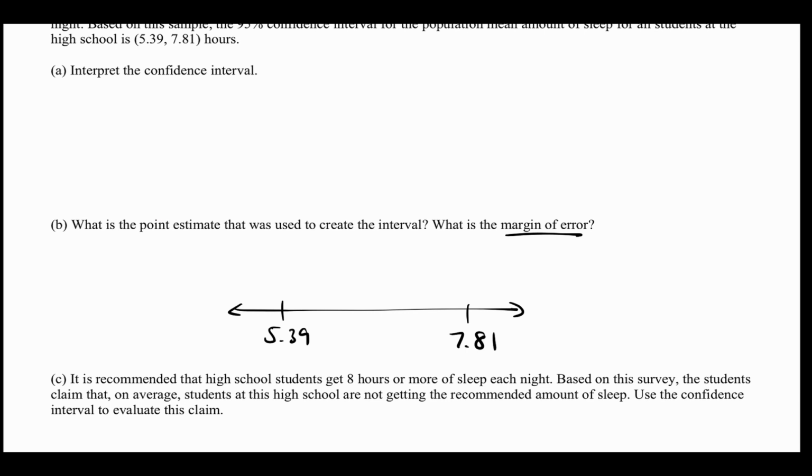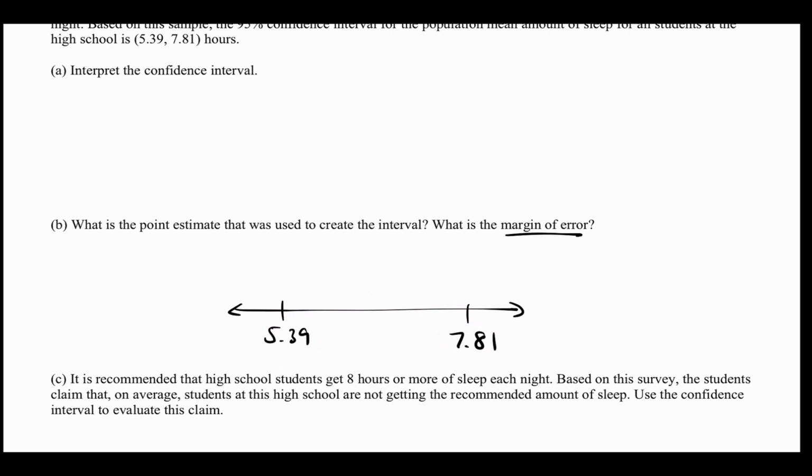The margin of error is the number needed to get from the middle to the edge. So the first thing we need to do is find where the middle is. That's going to be the point estimate. So you can add these two up and divide by 2. That's probably the easiest way to find the middle.